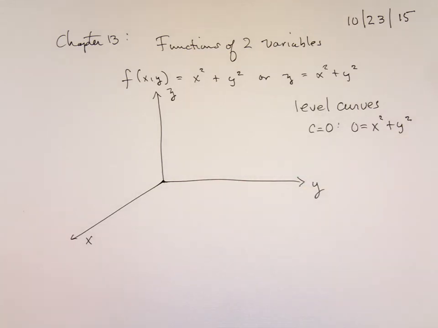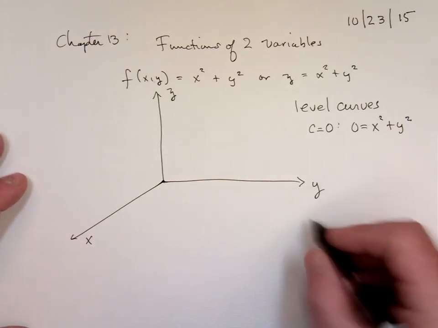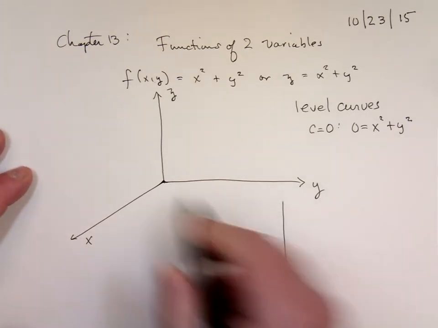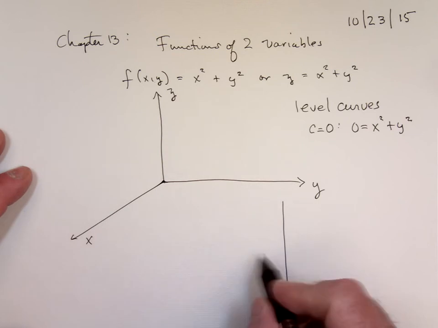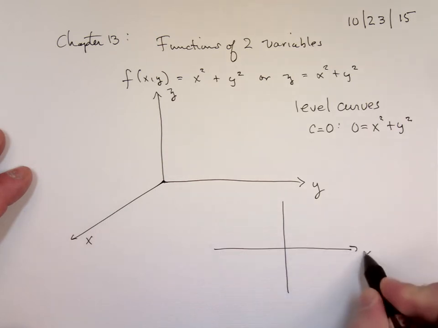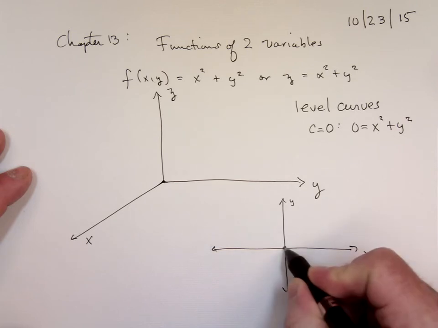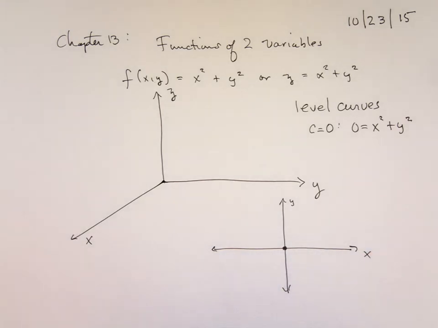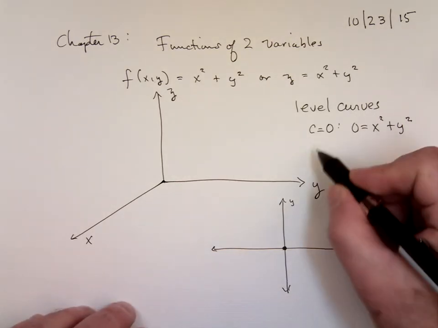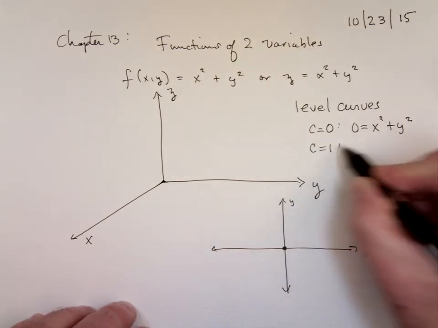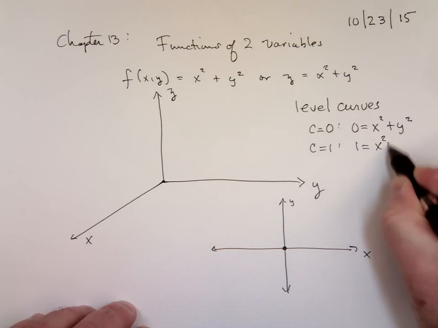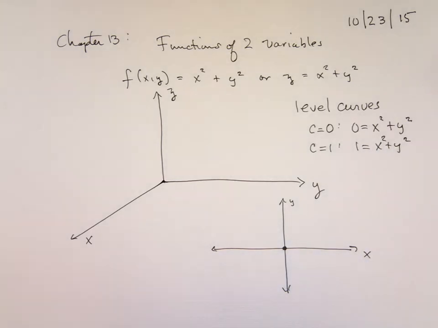Here's my three-dimensional surface, but here I'm going to put my level curves. 0, 0 is what I get when I let c equal 0. Now let's let c equal 1. What I'm doing is taking our surface and intersecting it with the plane z equals 1.